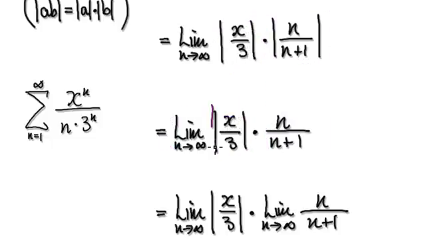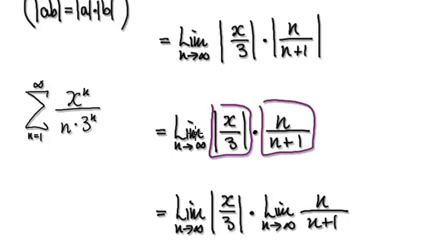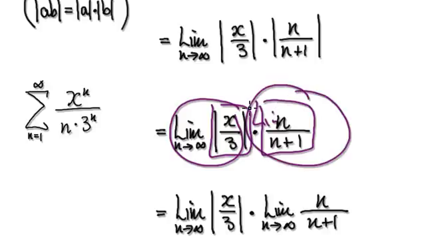Now when you have one block multiplying another block, you can take the limit of one block and then take the limit of the other block, and then just multiply the two limits together.